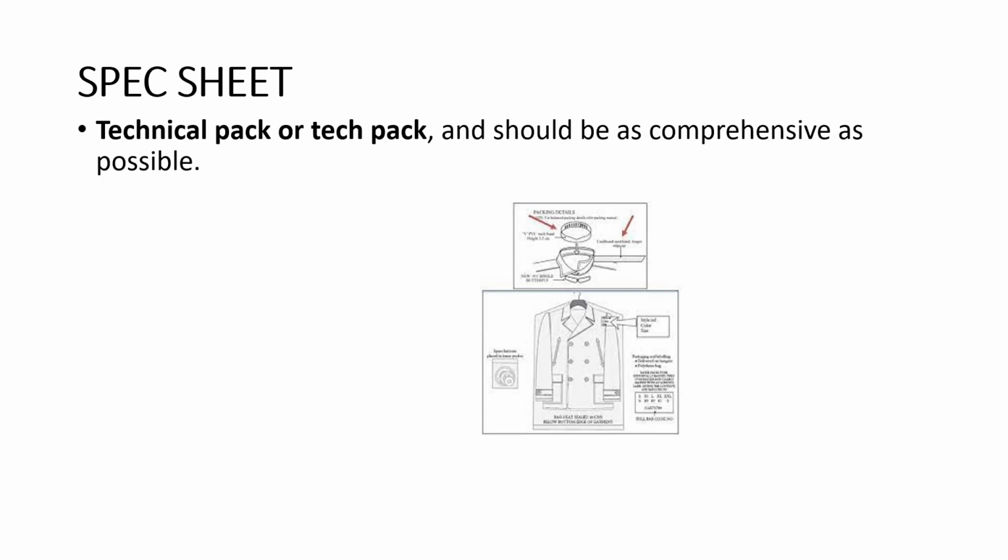What is the collar area, what is the cuff area, what would be the design of that product, how is the arm side, how is the button, all these things come under the tech pack or technical pack. So it must be detailed and comprehensive as possible.